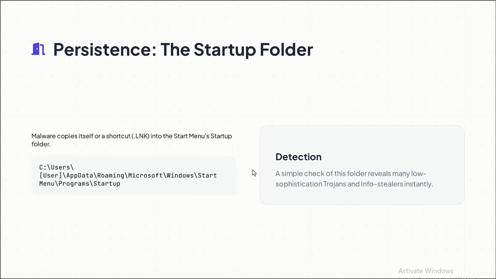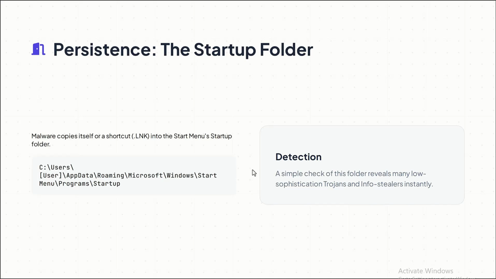The persistence mechanism also abuses startup folders. Malware copies itself, or a shortcut .lnk file, into the Start Menu startup folders. And for the detection mechanism, a simple check of these folders reveals many low-sophistication trojans and info stealers instantly.